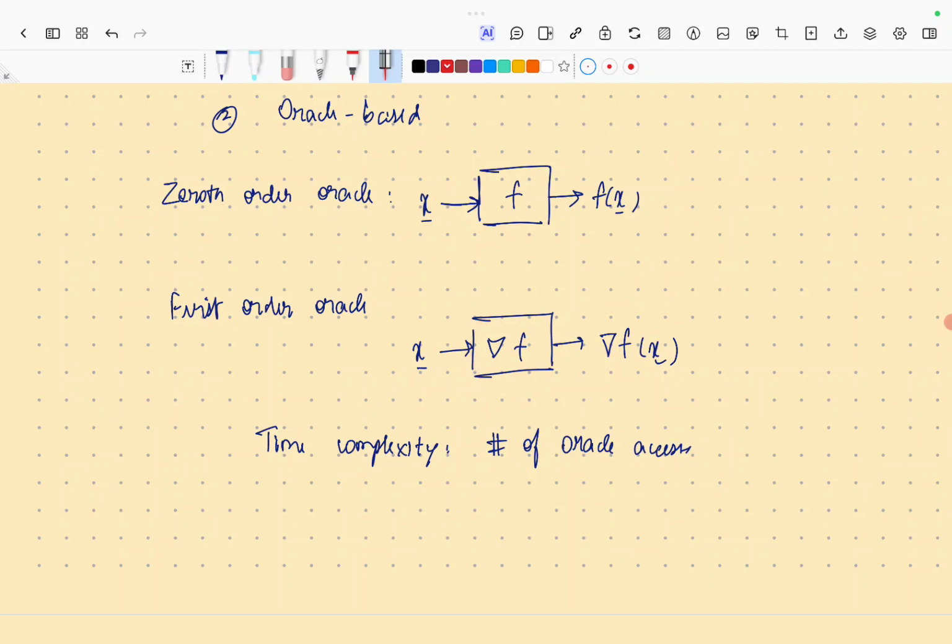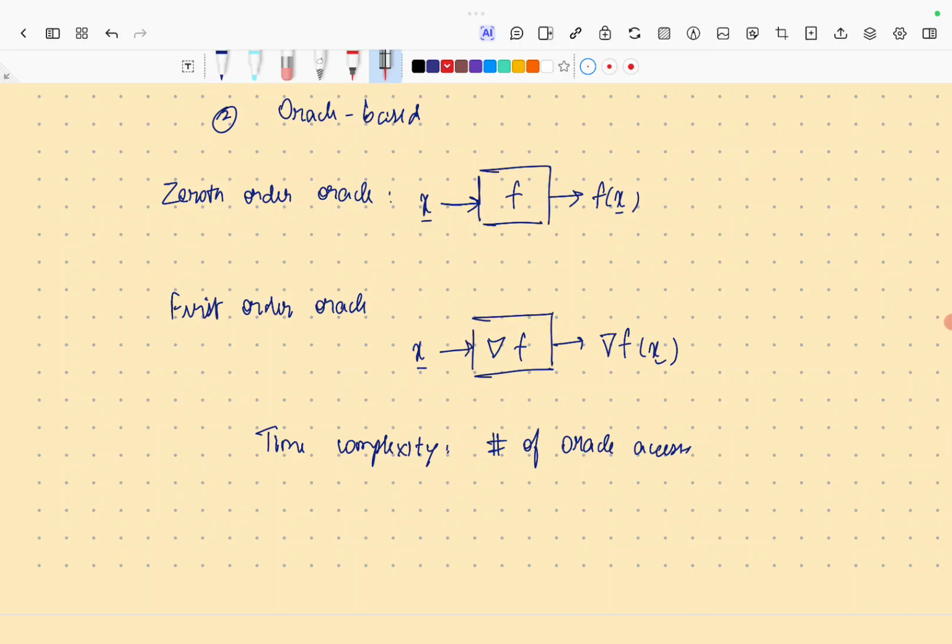So computing f or computing the gradient of f has this additional overhead that we are not counting here, because we assume that someone has already written a function to do these two things. The number of times you call this particular oracle is the only time complexity that we require.